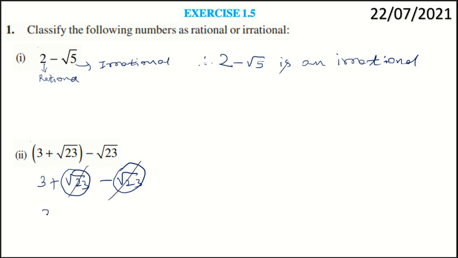Now what is left over is only 3, that means it is a rational number. So I can say the given number is a rational number because it results in 3, which is rational.